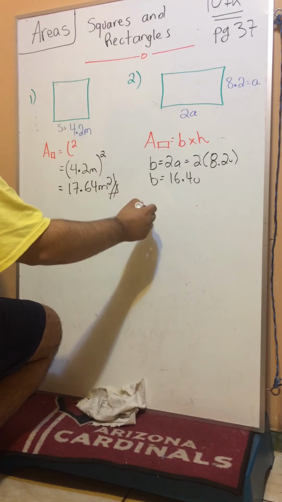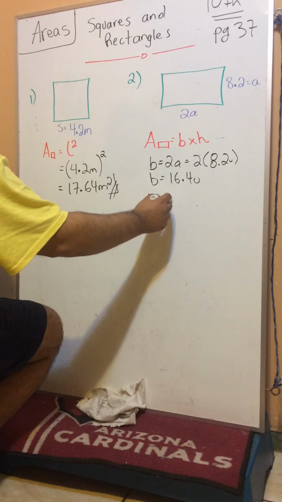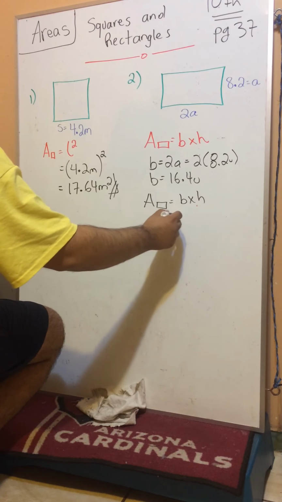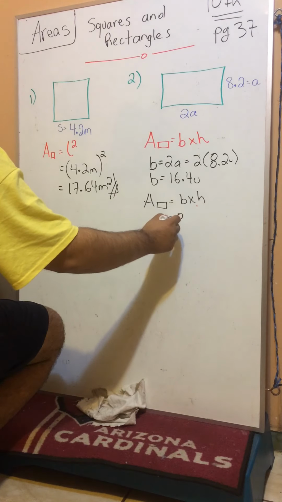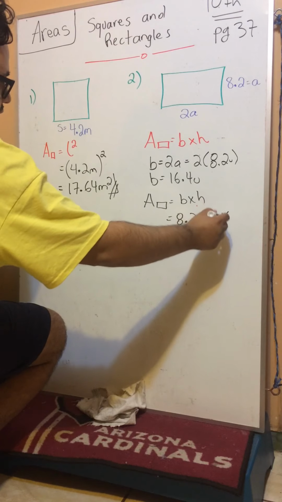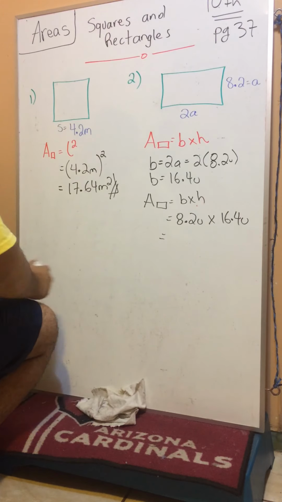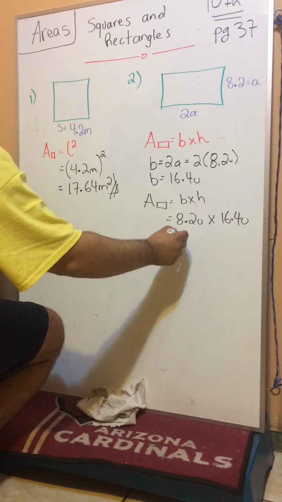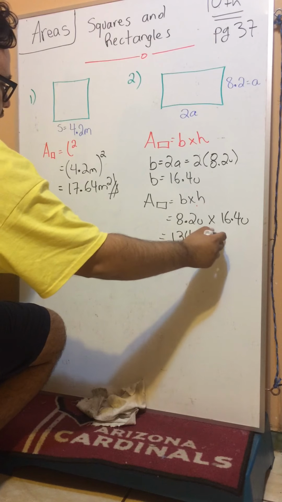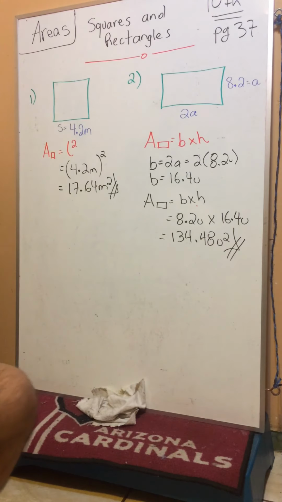Now that we have the base, we can work the area of the rectangle: base times height, which is 8.2 units times 16.4 units, and the area is going to be 134.48 units squared.